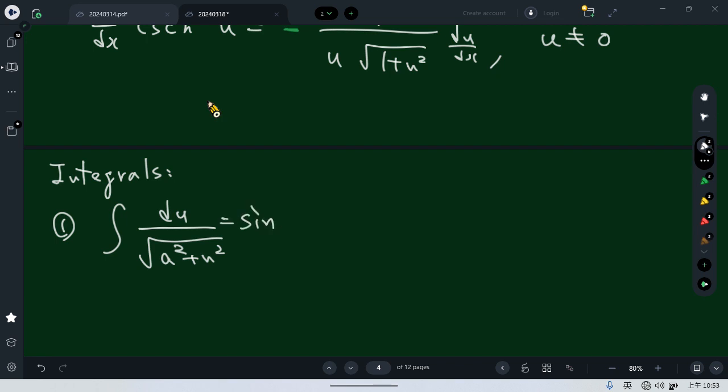It will be the arc hyperbolic sine function of U over A plus C. A must be positive.